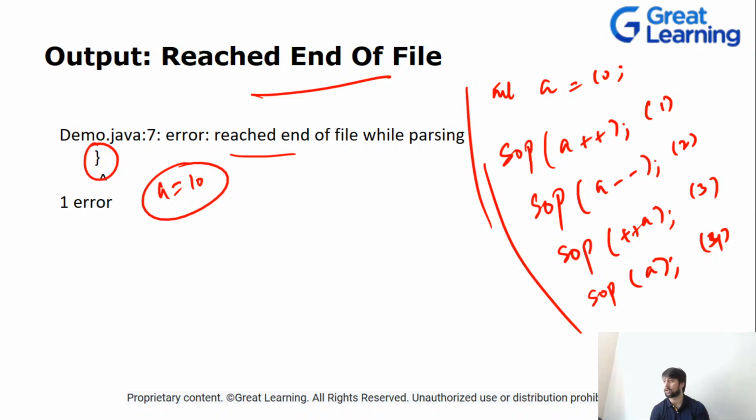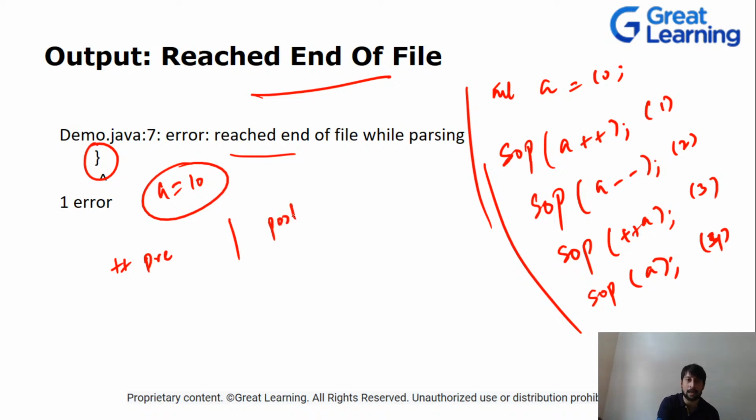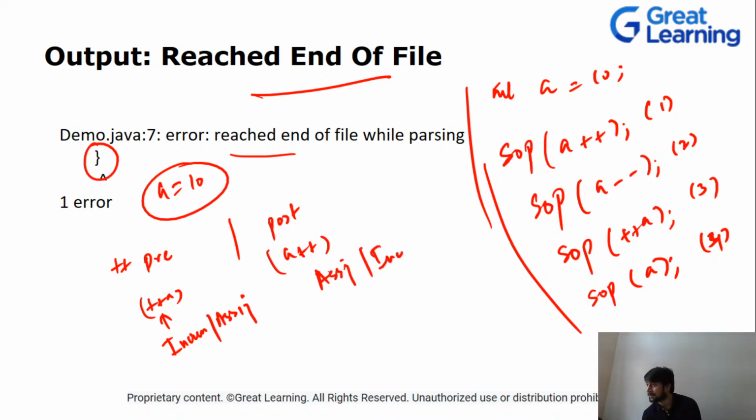Whenever I say pre increment or post, a plus plus versus plus plus a makes a difference. Plus plus a means first increment and then assign. A plus plus means first assign and then increment. Okay, we have different answers: 11, 9, 10, 10, 10, 11, 11.